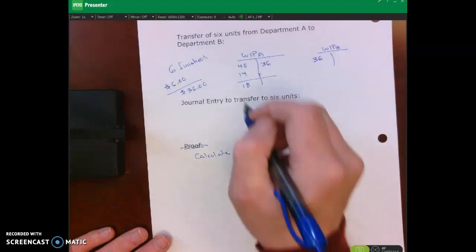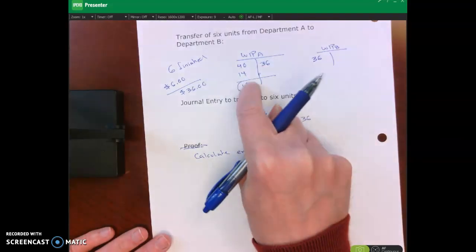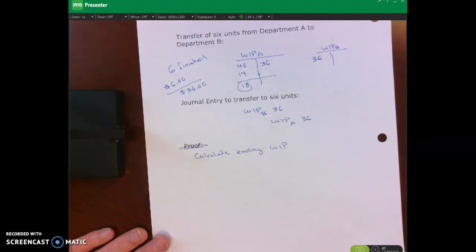So what I want to do is go through and manually calculate out this $18, which is the value of ending WIP for Department A.